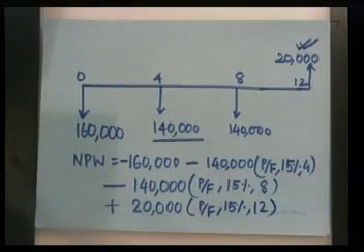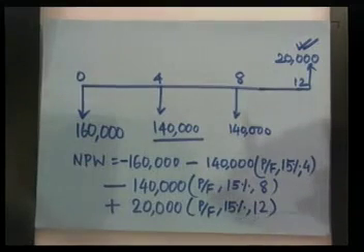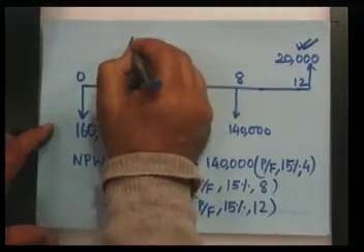Once you have equal lives for both of your alternatives. Now, in the same way, can you try the net present worth for asset 1? Remember, this calculation is for asset 2.